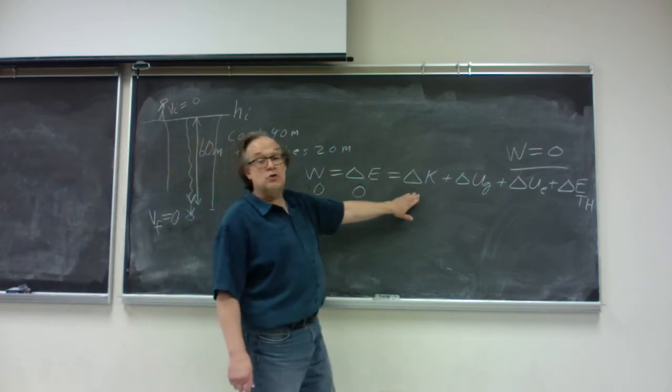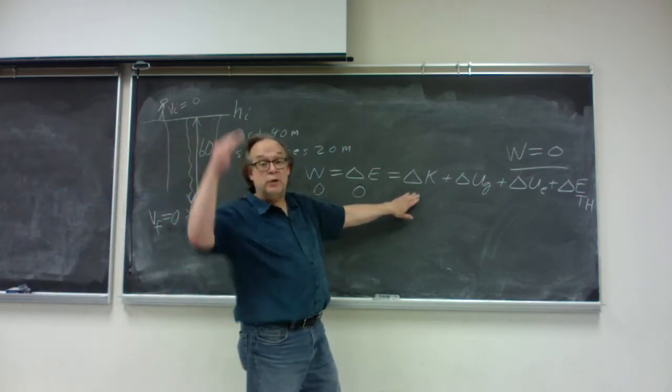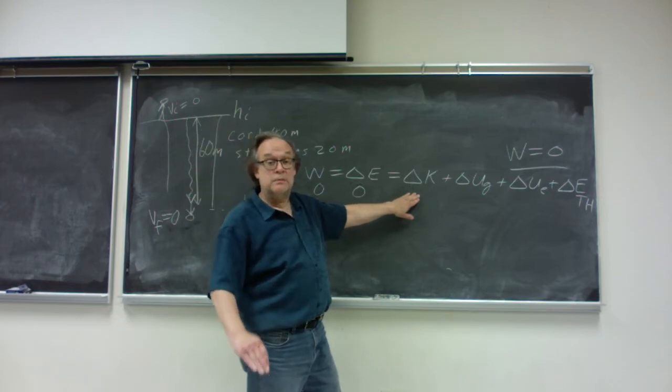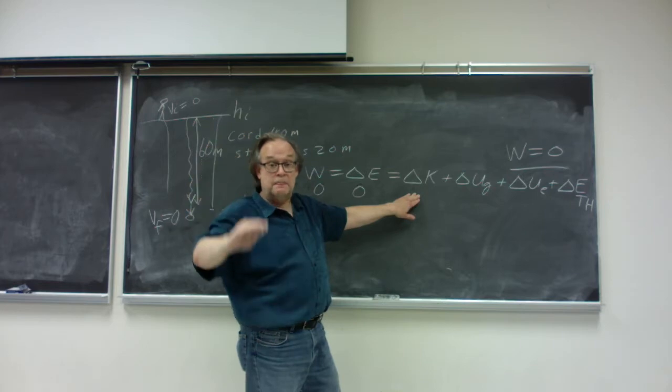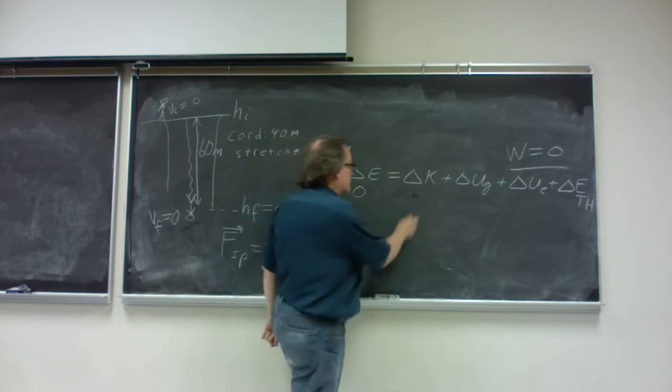So there's no change in the kinetic energy between the start and the finish. At the start, there was 0 speed, so 0 kinetic energy. At the finish, there's 0 speed, so 0 kinetic energy.